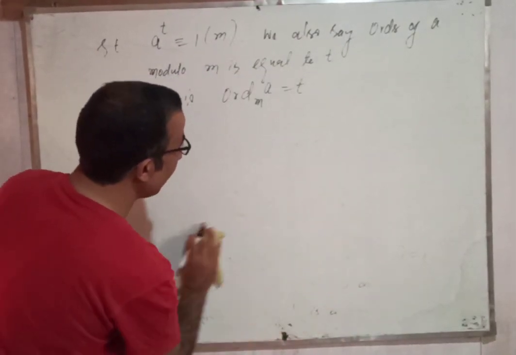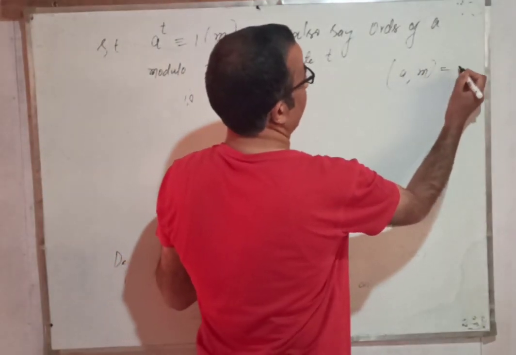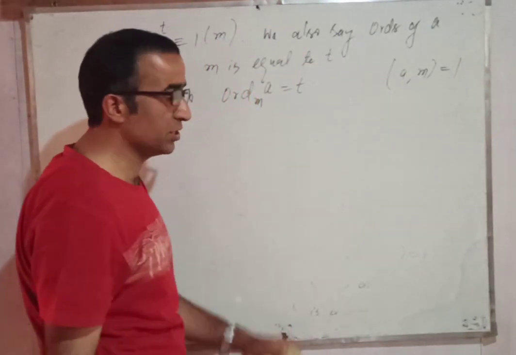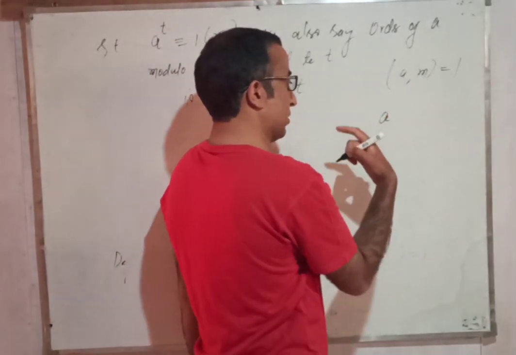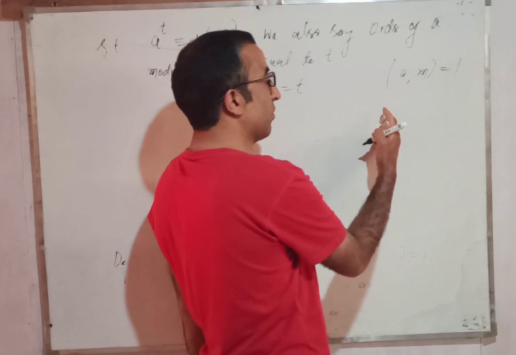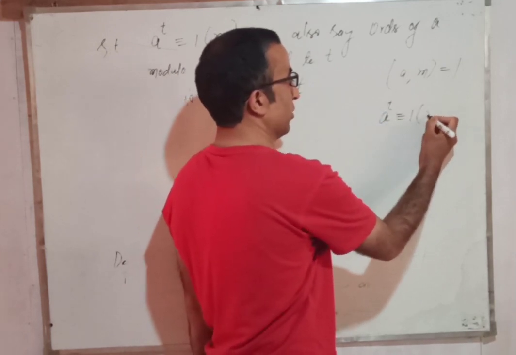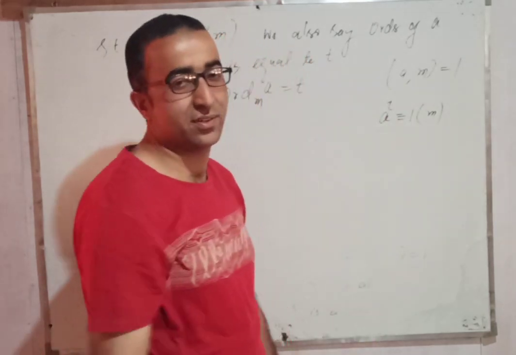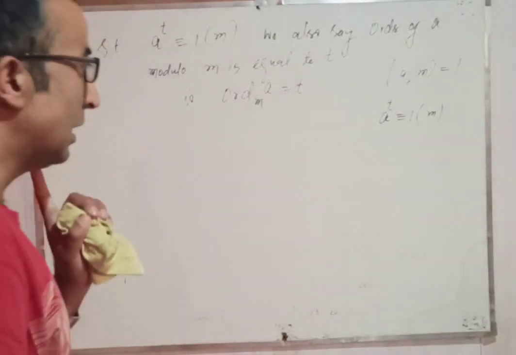So what is the order now? Simply, if you have gcd of a and m equal to 1, you determine the smallest power of a, some t, such that a power t is congruent to 1 mod m. Smallest such t. Such a t will definitely exist because of Euler's theorem.